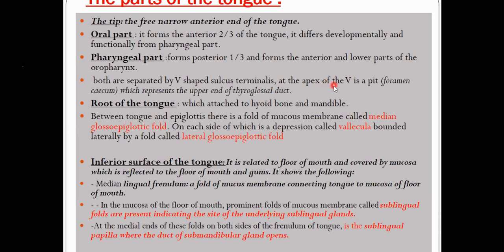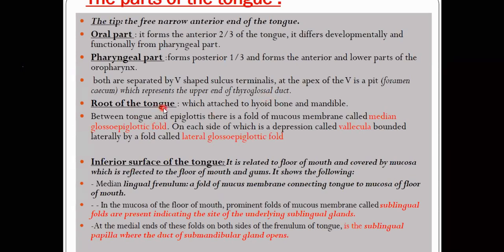And at the apex of the V is the foramen cecum, which represents the upper end of the thyroglossal duct. During development, the thyroid gland develops from this portion, but it has a communication with the tongue. That communication is called the thyroglossal duct, which vanishes after the thyroid is completely developed.